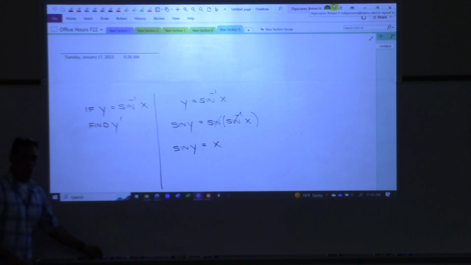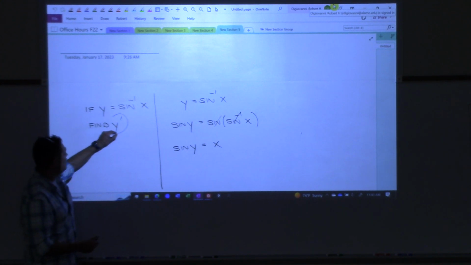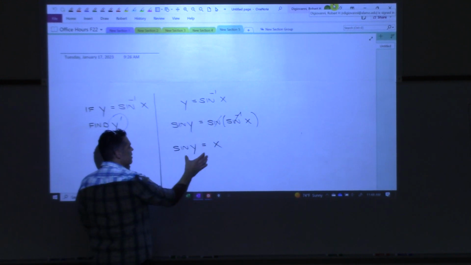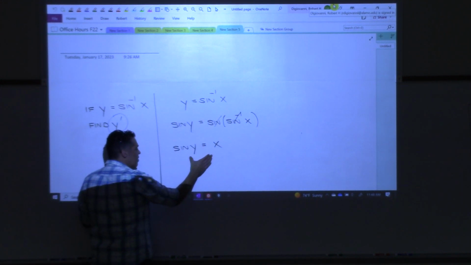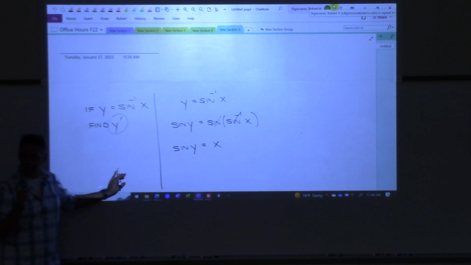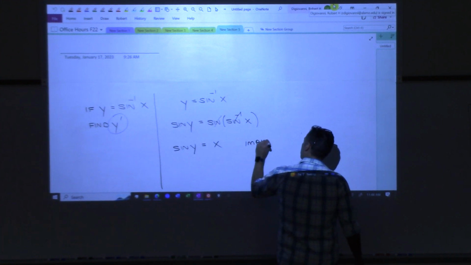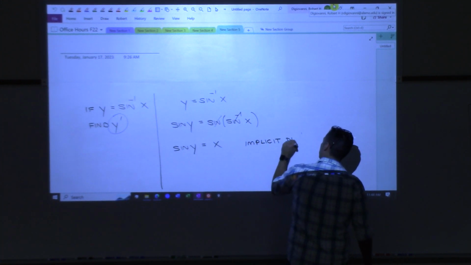Now remember, what I want here is y prime, right? I want the derivative of y. So I'm looking at this, and I've switched over to this. Now what I'm going to do is, back in Cal 1, something called implicit differentiation.